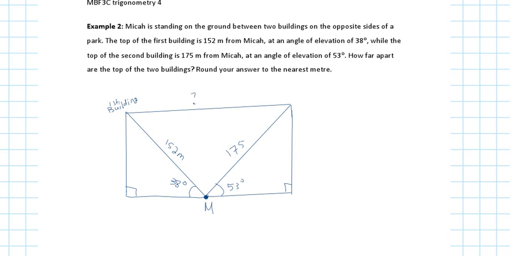What do you want to do? Which angle? So the angle that I have here, is that what you're saying? I'm gonna have to find this angle right here. Okay, and how can I find this angle right here?